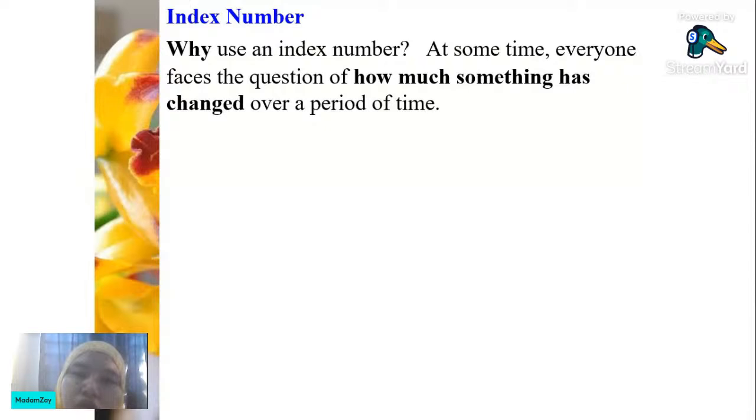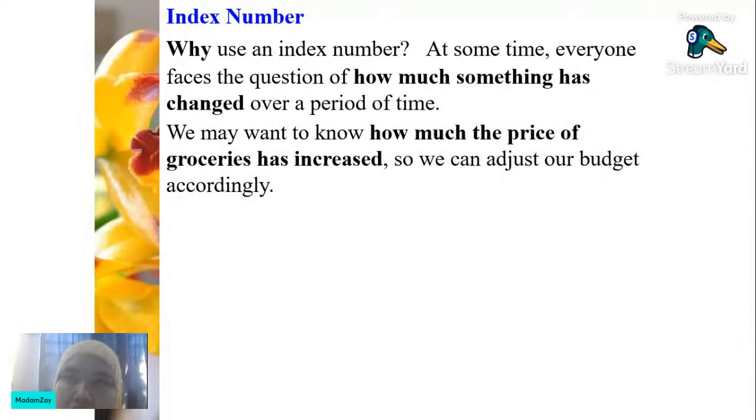We need to take note of our performance of our production and the profit lah, so we can continue with the business, right? We may want to know how much the price of groceries has increased. So this one for orang-orang macam kita biasa-biasa ni, we want to know how much the price of groceries has increased, so we can adjust our budget accordingly.